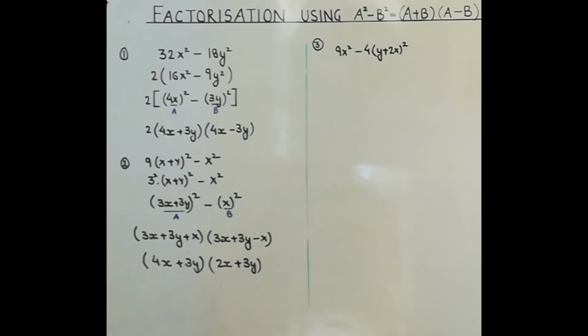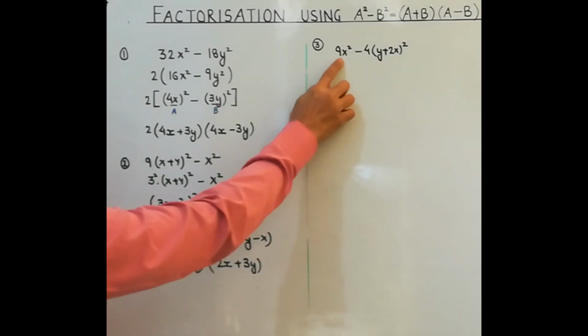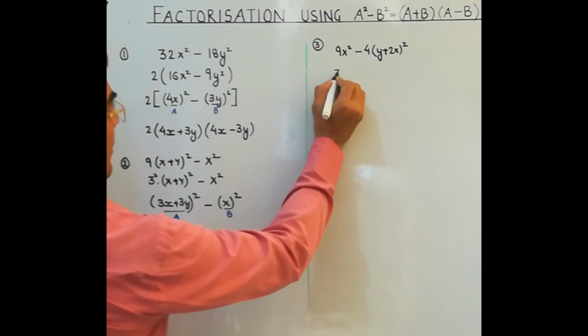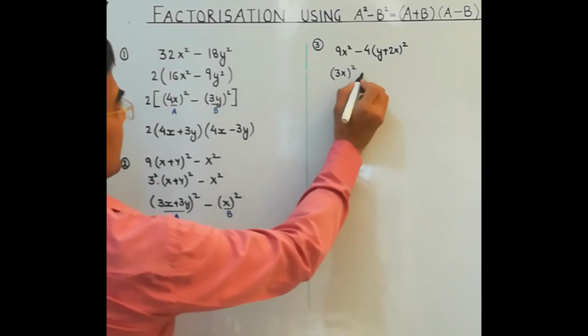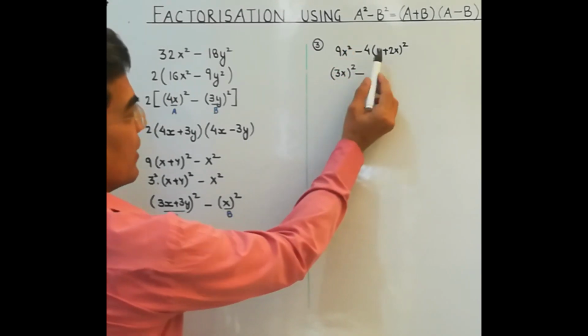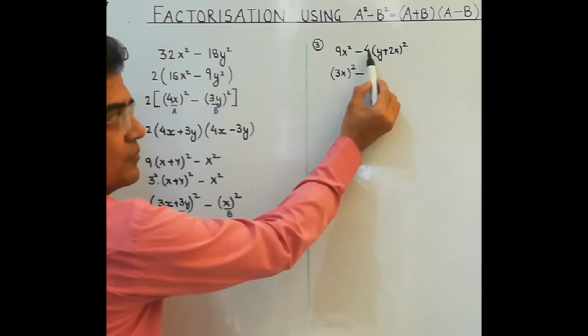Now in this question, if you read the first term, can this be converted in square form? This can be written as 3x whole square. Now in this one we have the product.